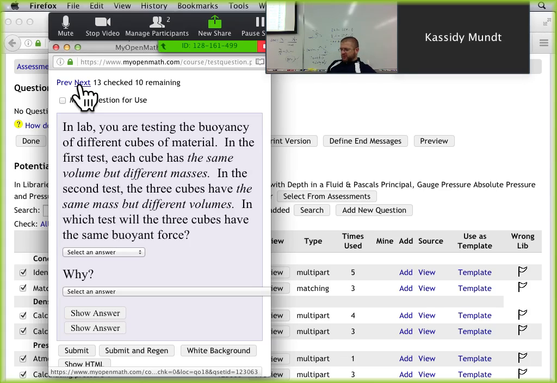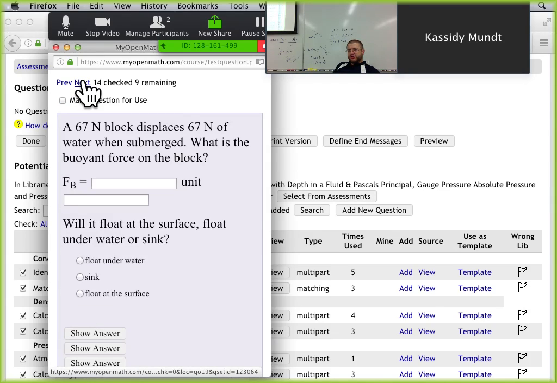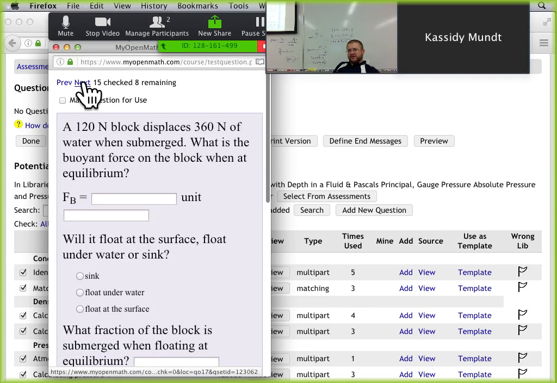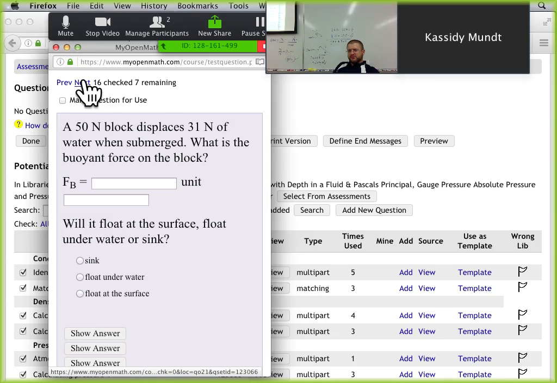Here's one that's very similar to the lab that you did. Careful, there might be a trick question in there. I can almost guarantee you there's one in there. I'm going to give you all these problems. Why not?